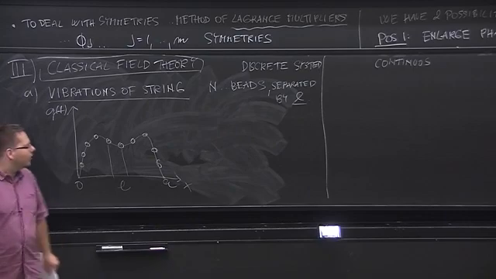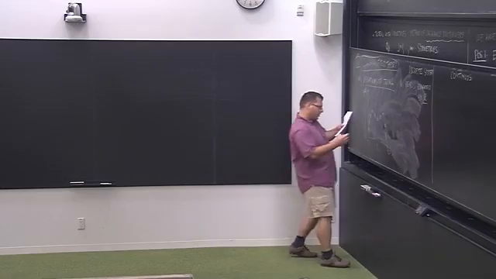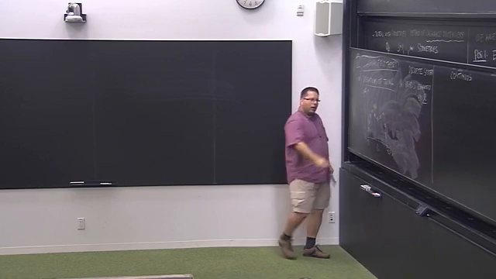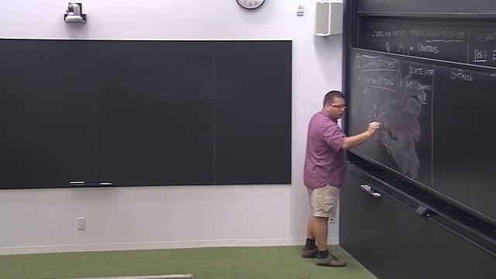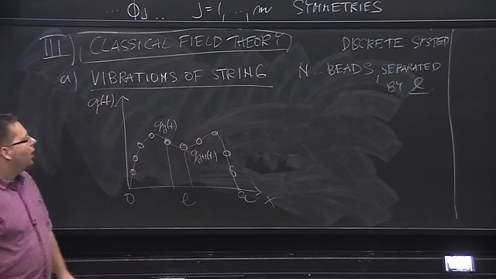And then I'll label these beads by the position. So let's say this is the bead number j. This is the displacement of that bead, qj at time t. And this is the displacement qj plus 1 at time t, and qj plus 2, and so on, up to n.